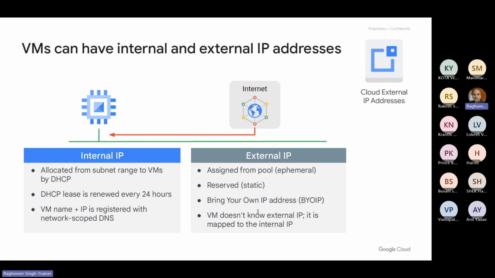For example, on the laptop that you're using, if you open command prompt and type hostname, you will find the name of your laptop. Now your laptop is moving. You are currently working from home, so it has a different IP address. Tomorrow you will come back to your office in Hyderabad, and it will have a different IP address.